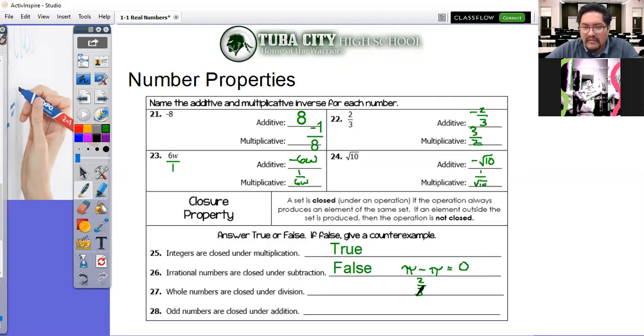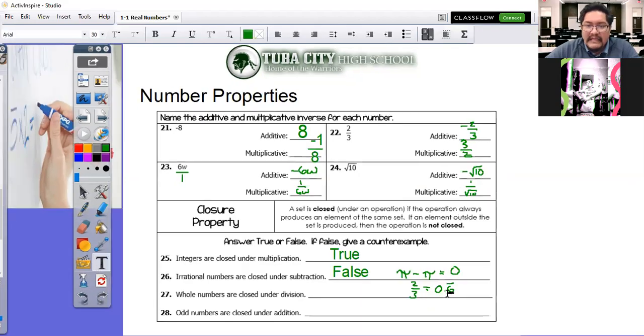So 2 is a whole number, 3 is a whole number, but as we've seen before, we get this repeating number here. That repeating number is not a whole number, so in this case, this is false. I can take 2 whole numbers, divide them, and get something that is not a whole number. So again, closed means it stays within its own group. So this is not closed.